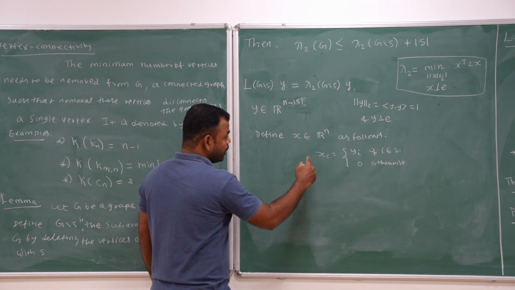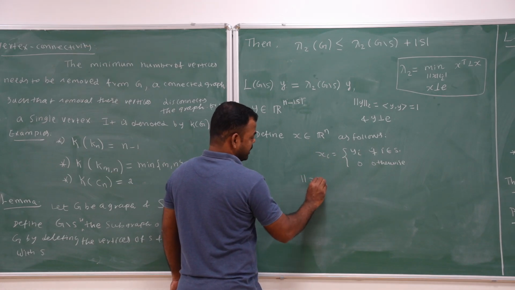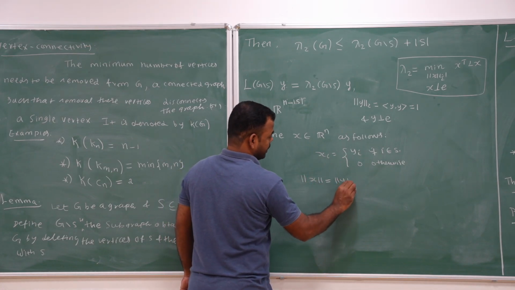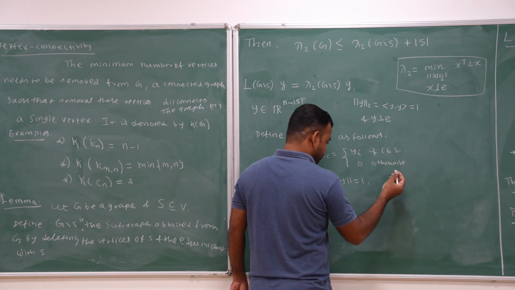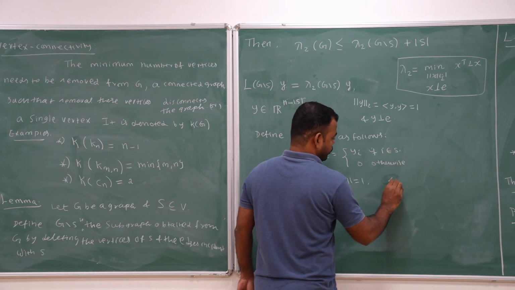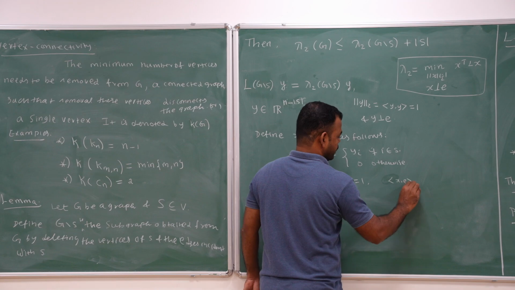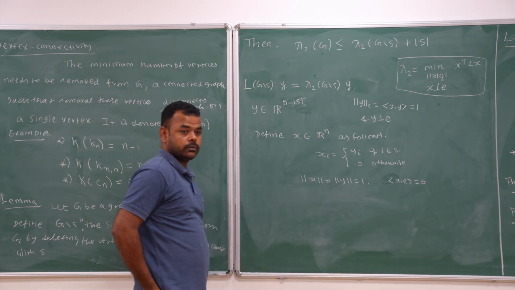Then the 2 norm of x is the same as the 2 norm of the vector y, which is equal to 1, and the inner product of x with e is equal to 0.